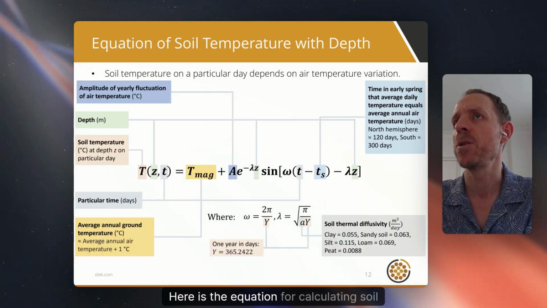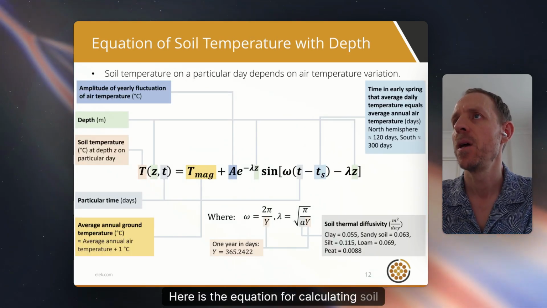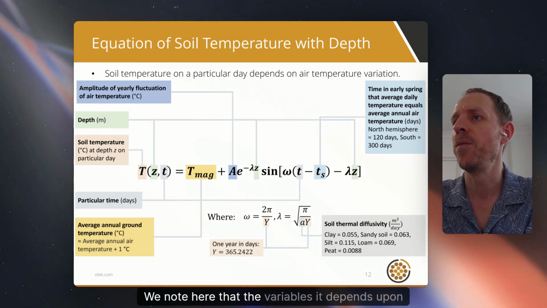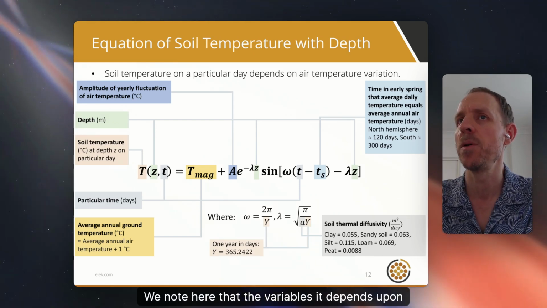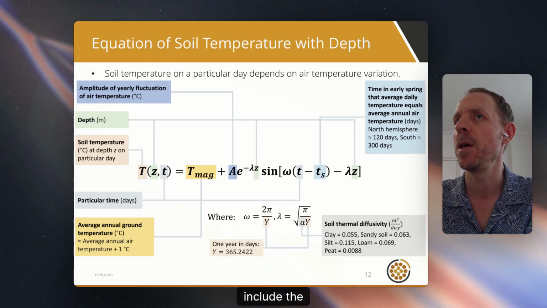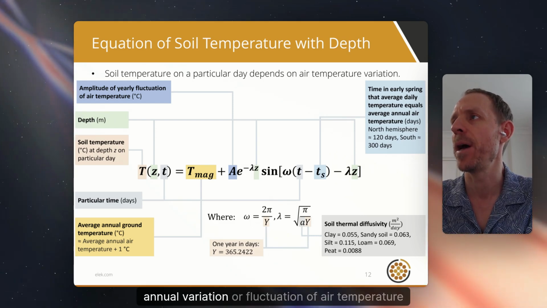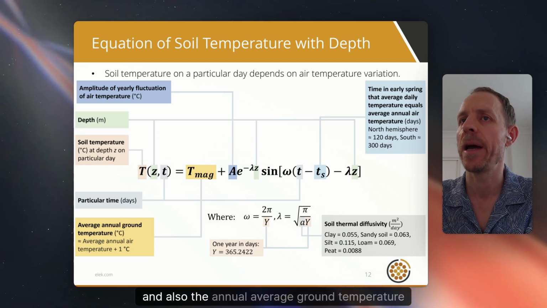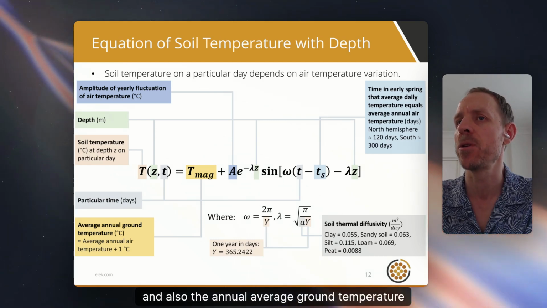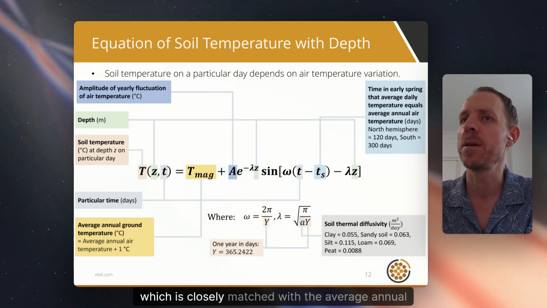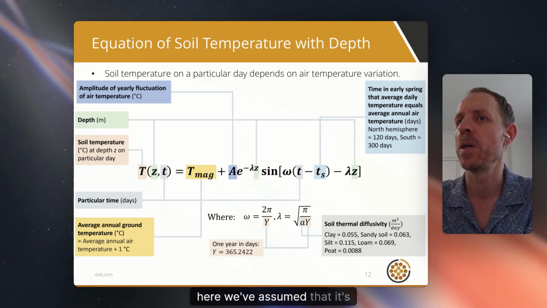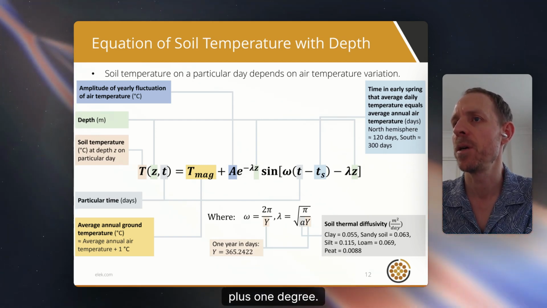Here is the equation for calculating soil temperature with depth. We note here that the variables it depends upon include the annual variation or fluctuation of air temperature and also the annual average ground temperature, which is closely matched with the average annual air temperature. Here we've assumed that it's plus 1 degree.